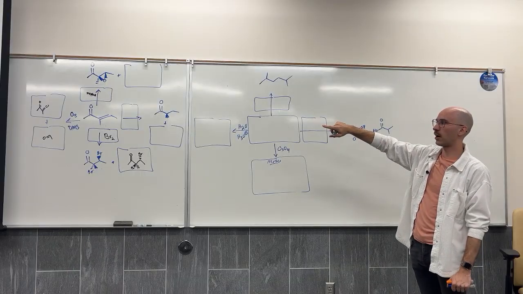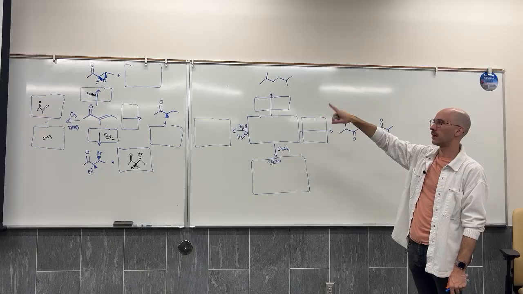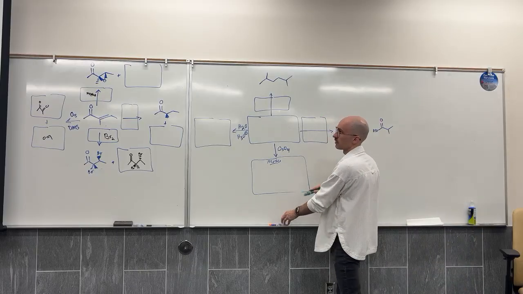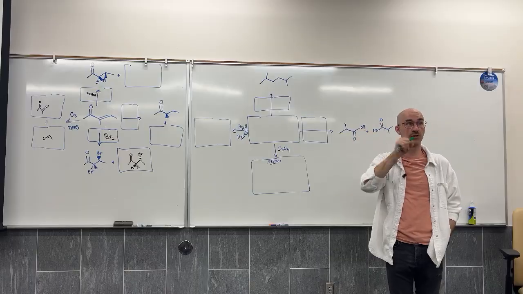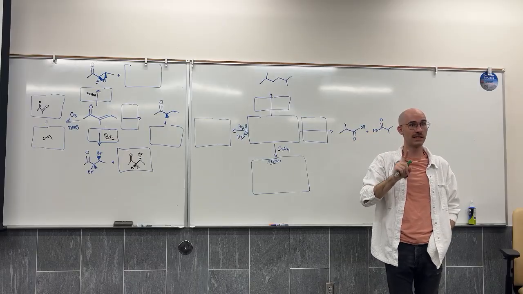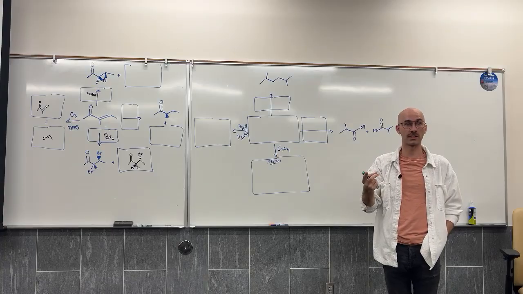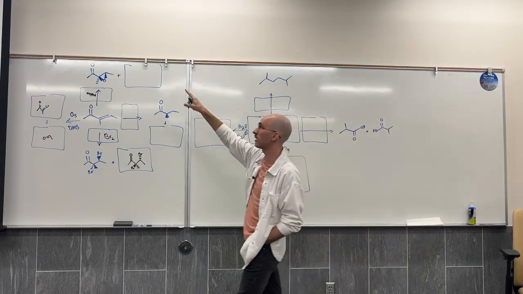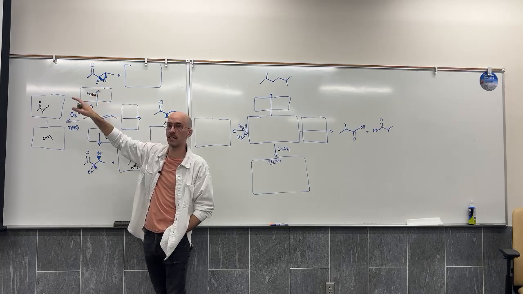Taking our alkene and going to the top, what Chloe recognized was an epoxide forms. That's important. If you don't recognize it as an epoxide, you're not going to be able to recognize what change is happening and what reagent is necessary. So an epoxide forms, and she knows that to take an alkene and make an epoxide, we need MCPBA.